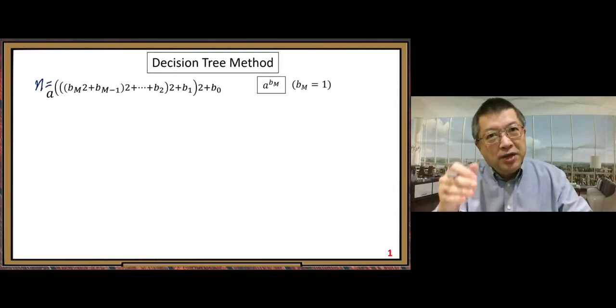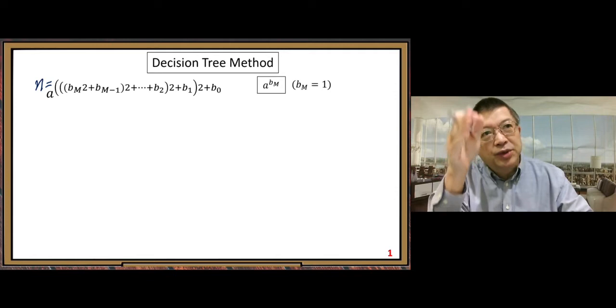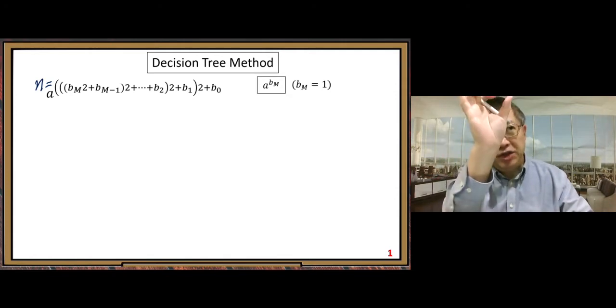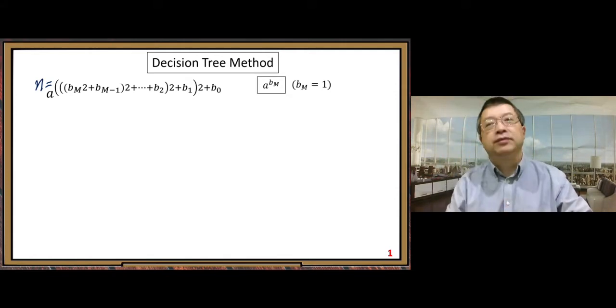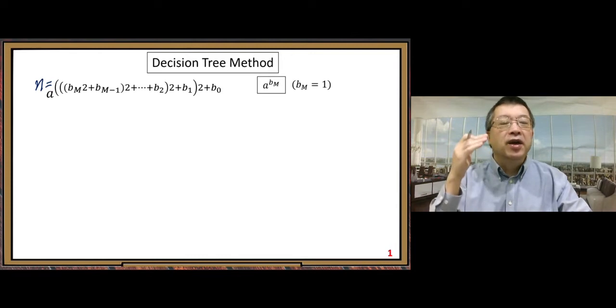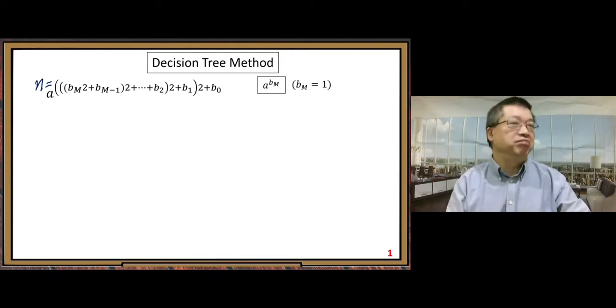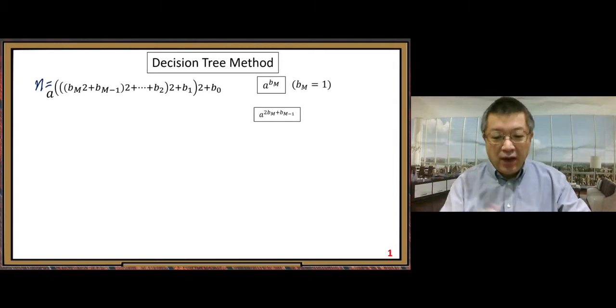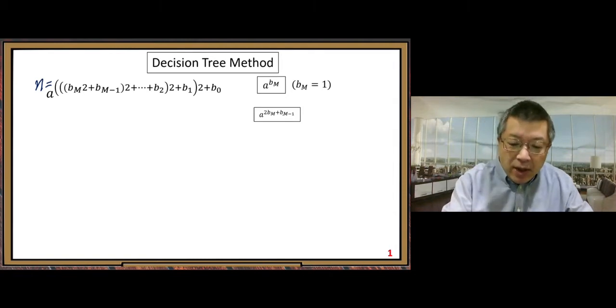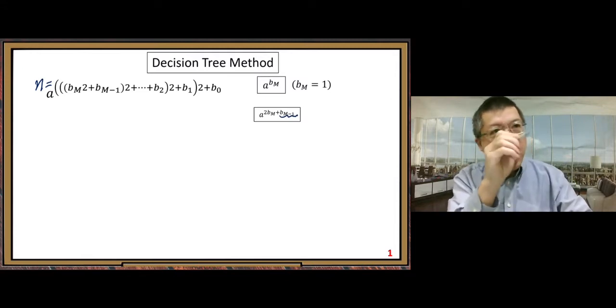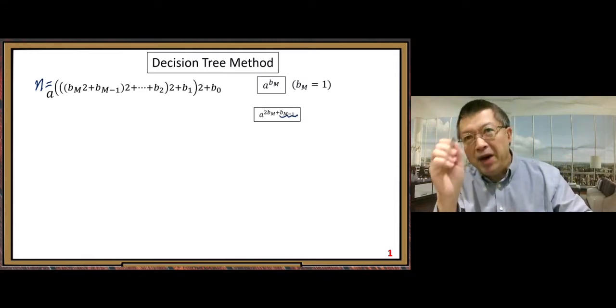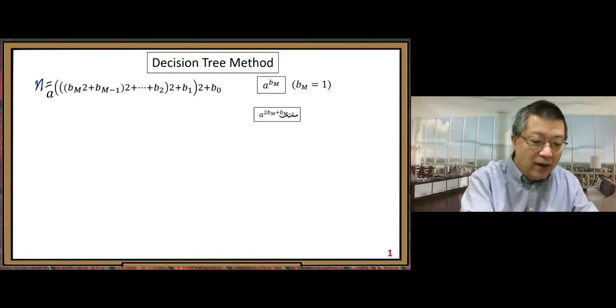So when b sub n equals 1, we start from the root node. Then we make our next decision. We look at b sub n minus 1, 2 b_n plus b_(n-1). Why do we do this?